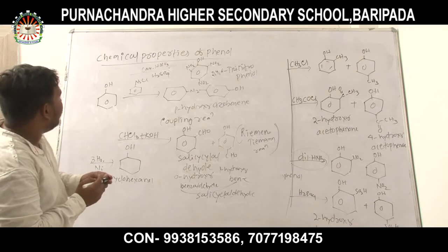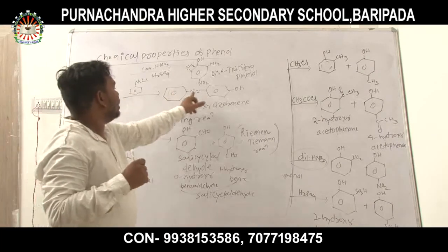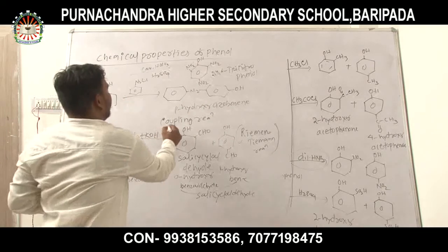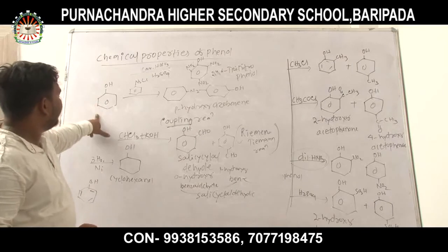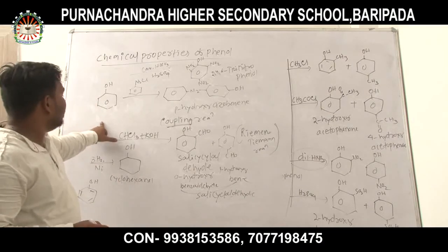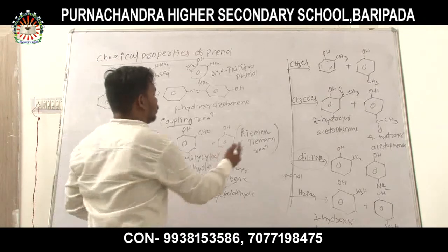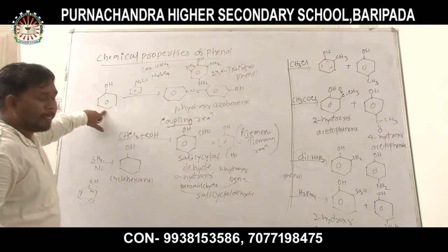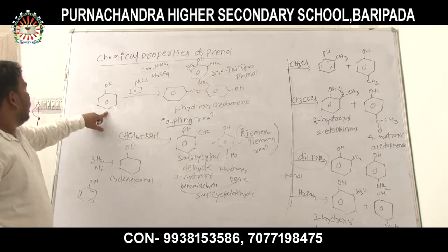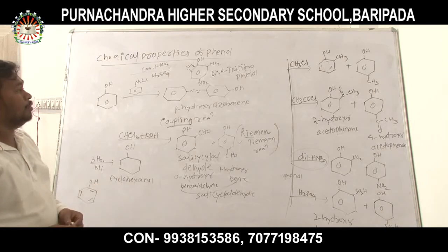I can repeat that when phenol is treated with BDC, then para-hydroxyazobenzene is formed. This is also an important name reaction, the coupling reaction. When phenol is treated with CHCl3 and KOH, then salicylaldehyde is formed. This reaction is called the Reimer-Tiemann reaction. When phenol undergoes reduction in the presence of a nickel catalyst, then cyclohexanol is formed.